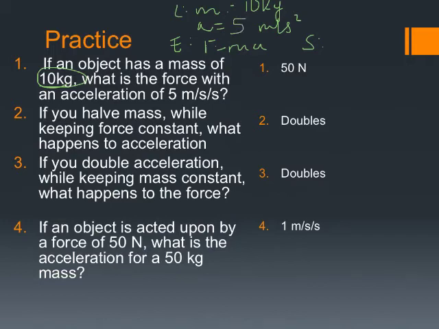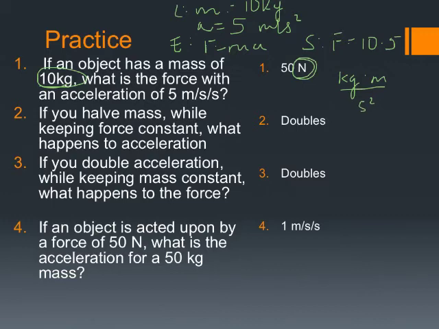Our equation is F equals ma. So that's going to be F equals 10 times 5, which ends up giving you 50, and then making sure that you include your units, newtons. Okay? Keep in mind you could also write kilogram meter per second squared. Either way works. Newtons are just a lot shorter and easier to make sure you remember to write everything.